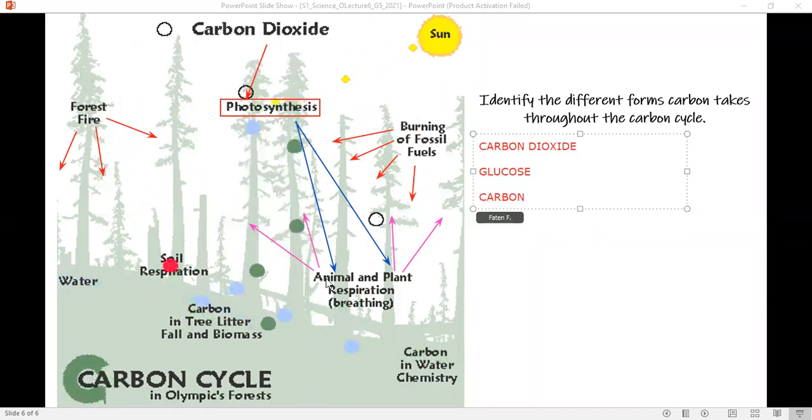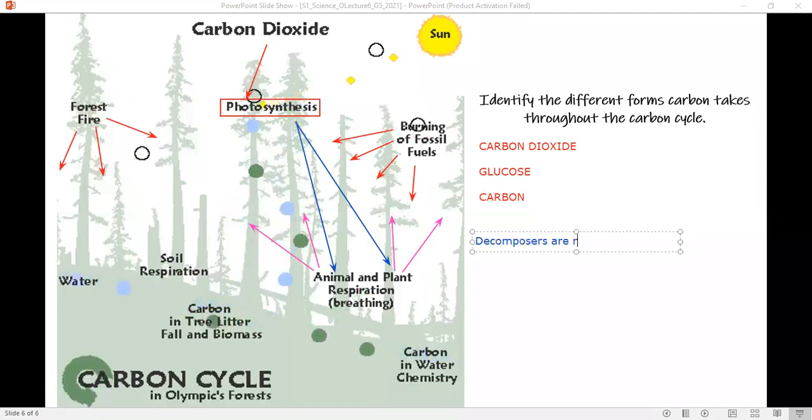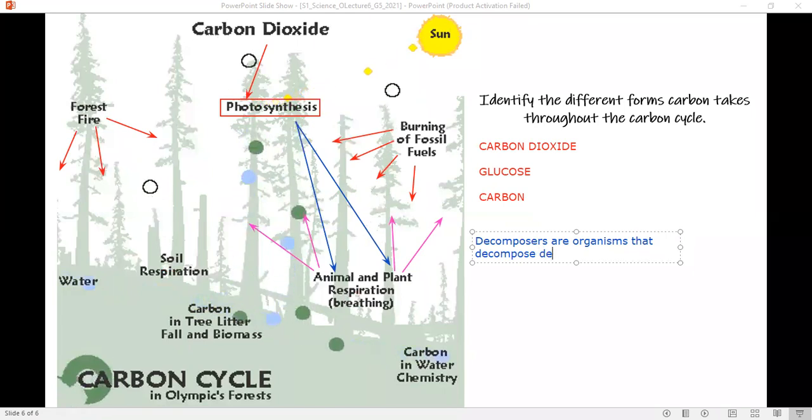What about decomposers? What did Miss Fatten say about decomposers? Decomposers are organisms that decompose dead bodies in the soil, okay?